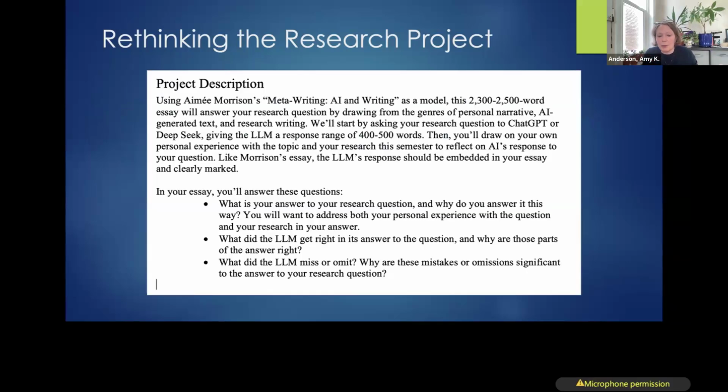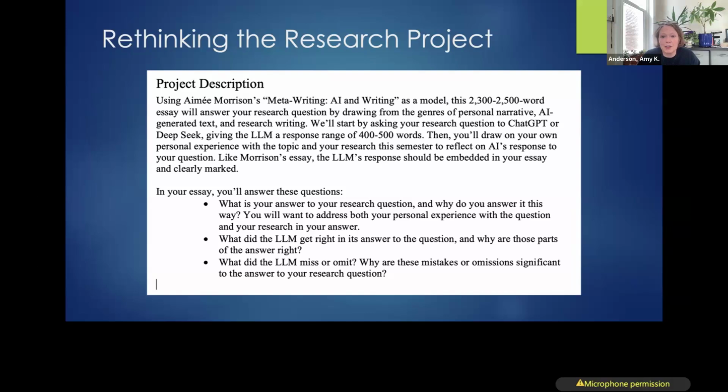So this is the project description that I have. This isn't the whole thing, it's the main parts of it. So using Amy Morrison's meta writing, AI and writing as a model, this 2,300 to 2,500 word essay will answer your research question by drawing from the genres of personal narrative, AI generated text, and research writing.